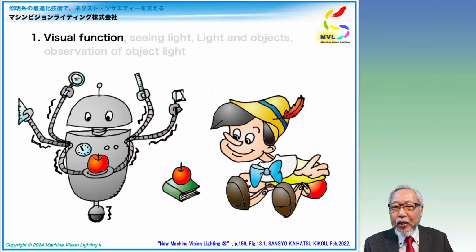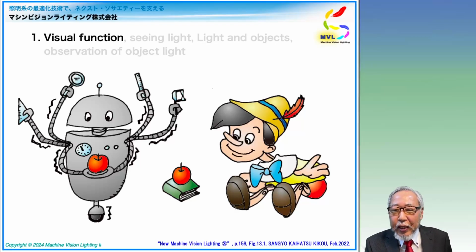It's not an exaggeration to say that this marionette is a mechanical doll. No matter how sophisticated a computer is, it's still a mechanical doll. So, can this robot recognize an apple? The answer is actually no.